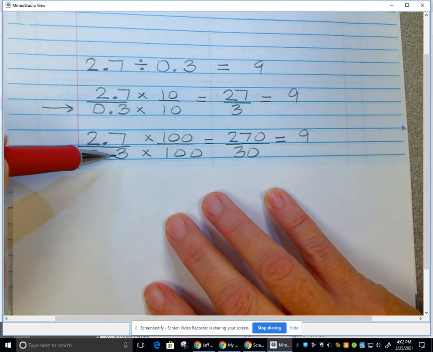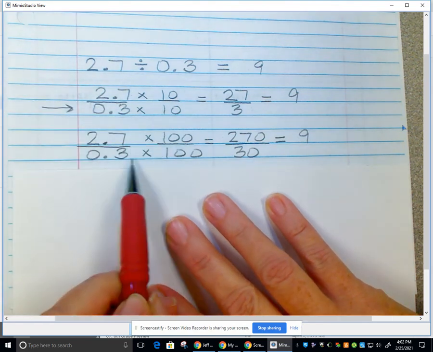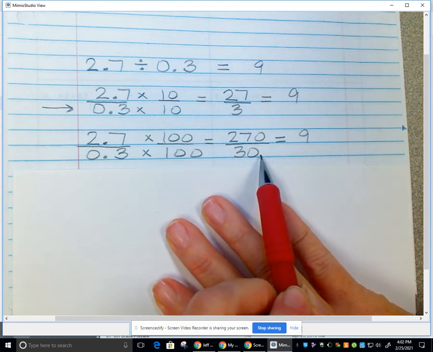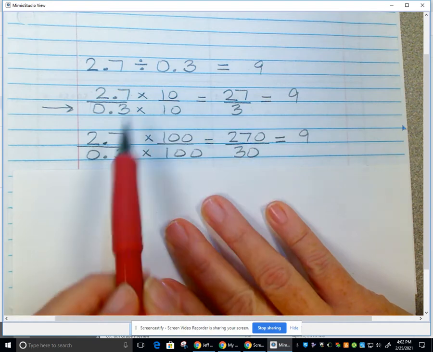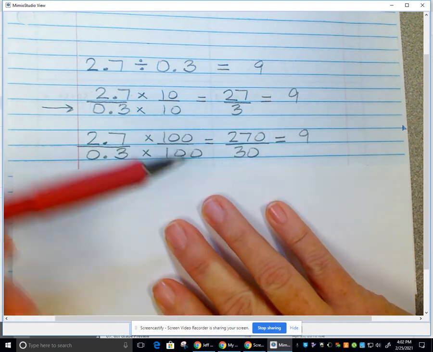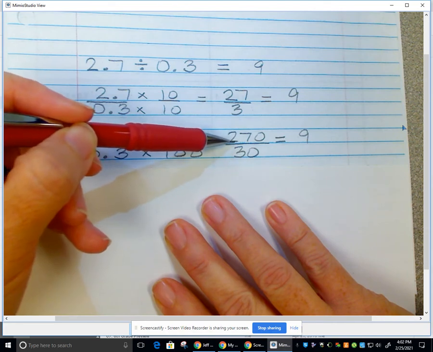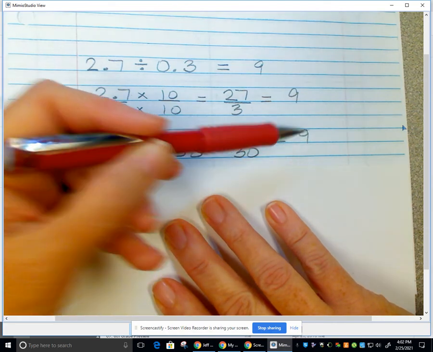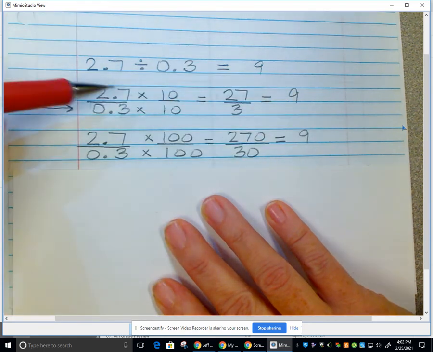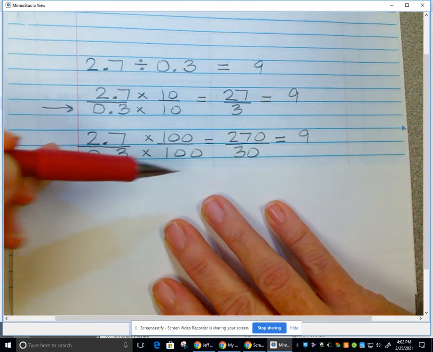So when I multiply this by 100, the decimal moves 2 places. So if it's here, then you go 1, 2, and that makes that 30. This one, it's here, go 1, 2, and that's 270. So 270 divided by 30 is still 9. So the reason I'm still continuing to get the same answer is because I'm keeping the numbers in proportion.